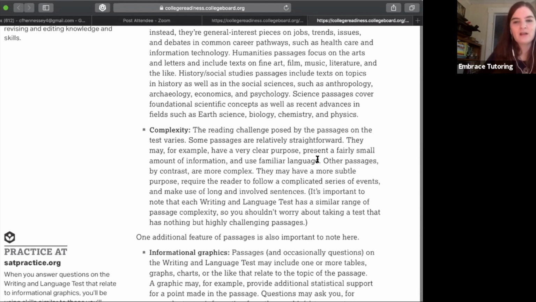It's going to be kind of similar in terms of text complexity for each passage, but there's always going to be a variety. So you'll always have some passages that are easier or harder for you.